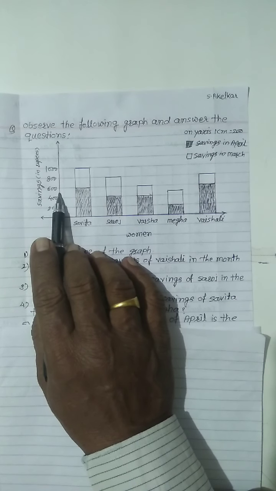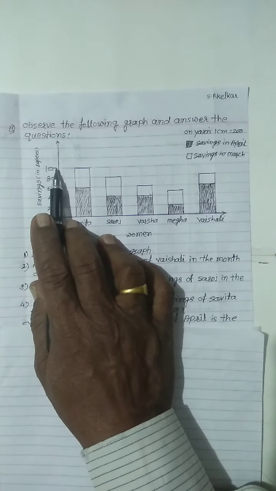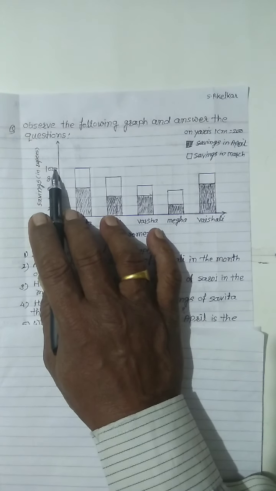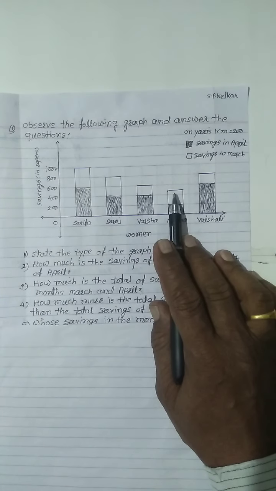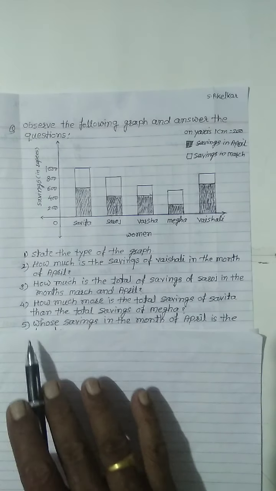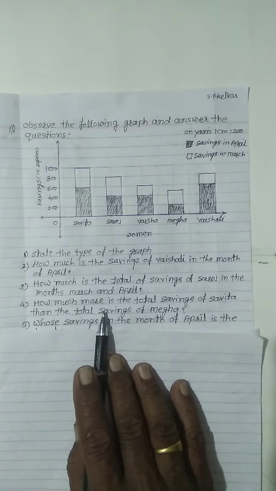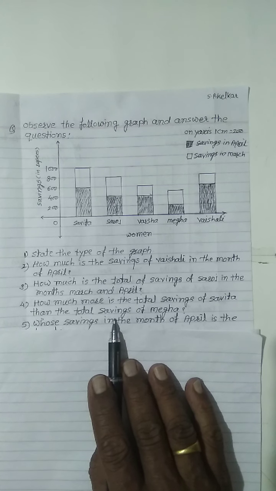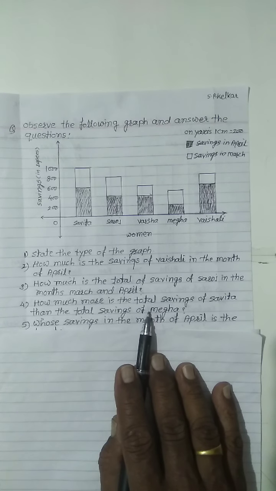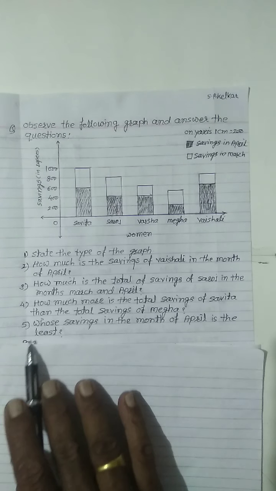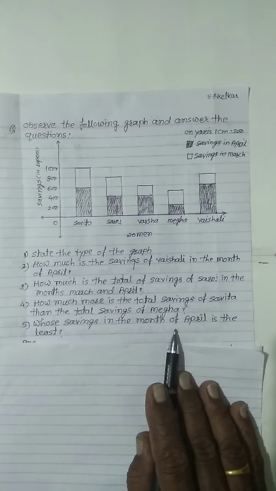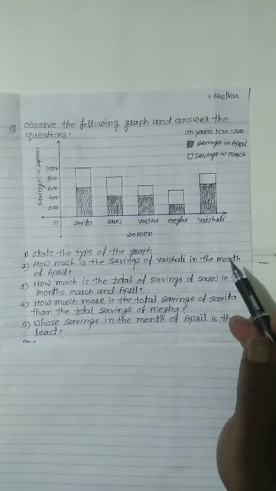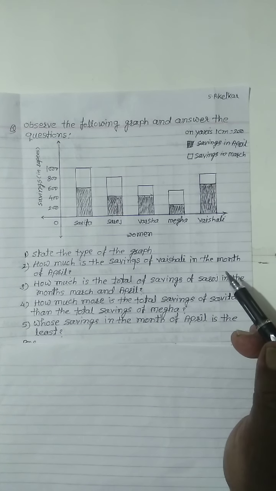Megha's total saving is 500 and Savita's total saving is 1000. So the difference between 1000 and 500 is 500. So 500 rupees is the more saving of Savita than Megha. Whose saving in the month of April is the least? See the below shaded portion, whose saving is least.